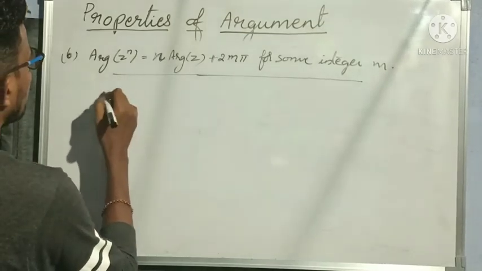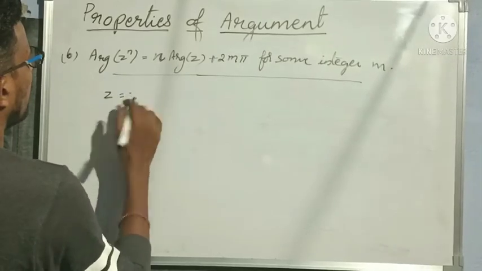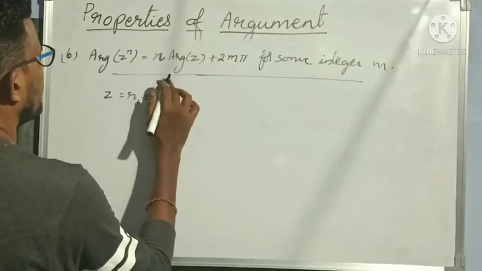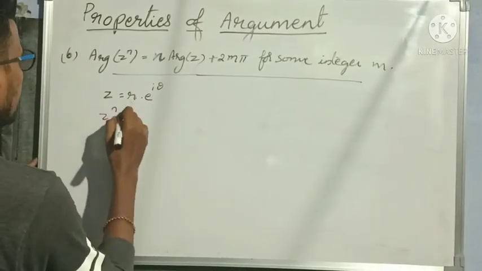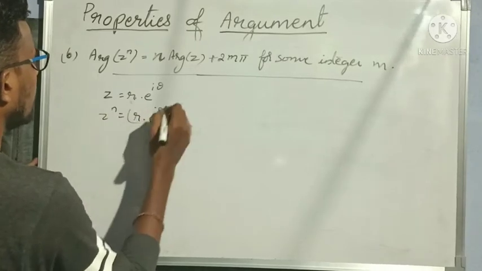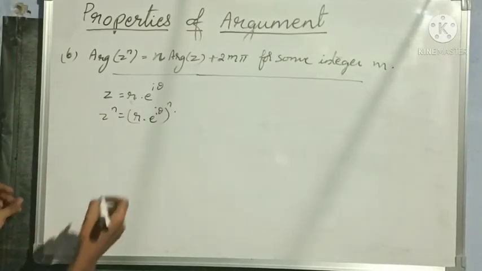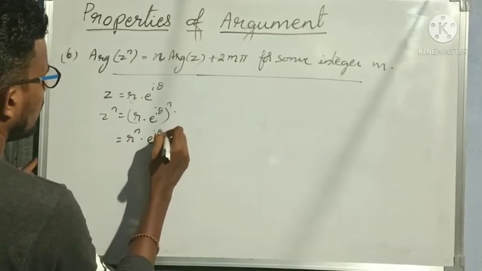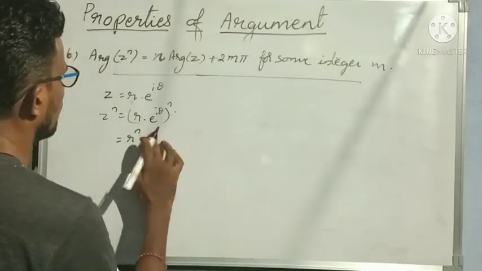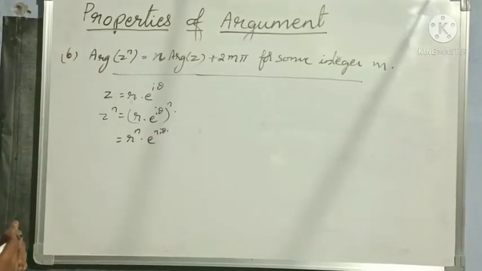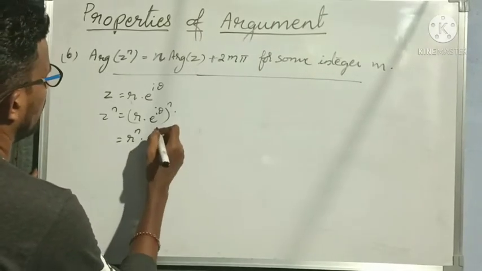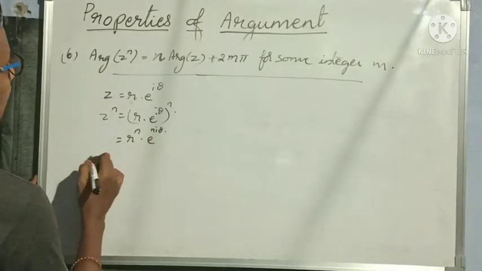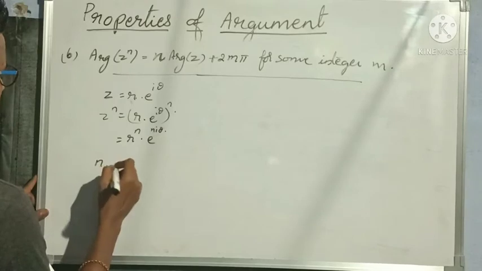See here. So my z is equal to r into e power i theta. Since z power n is equal to r into e power i theta whole power n, that is equal to r power n into e power i n theta. Now I am taking n into argument of z.